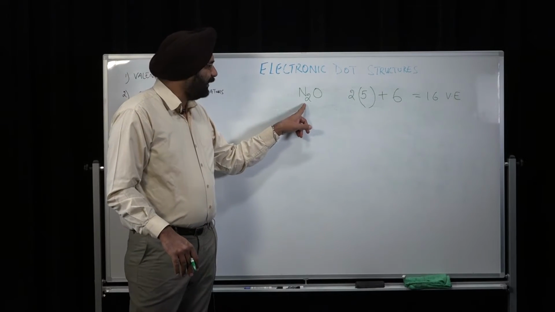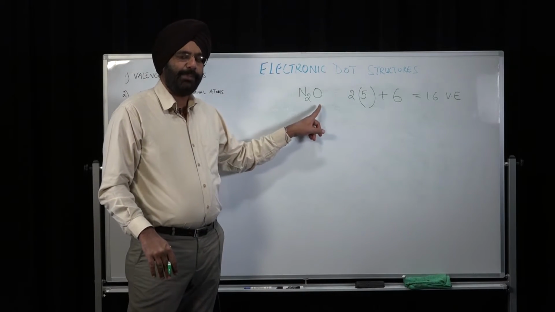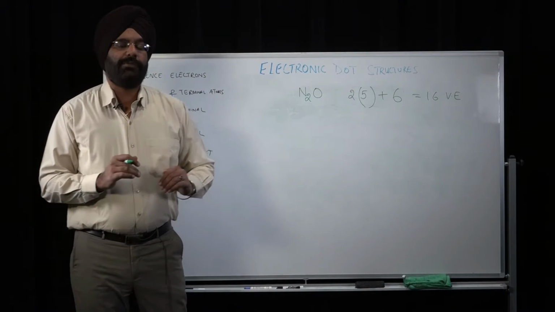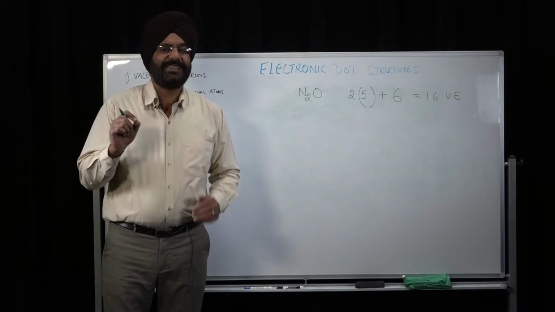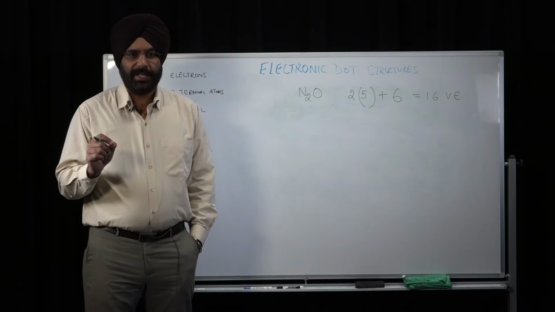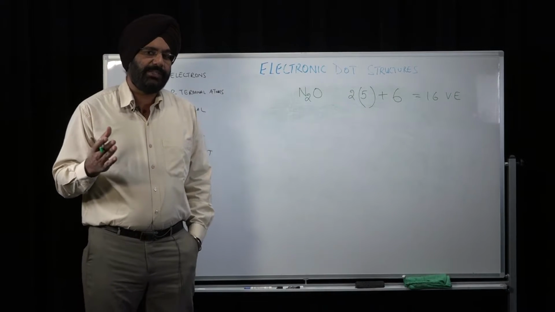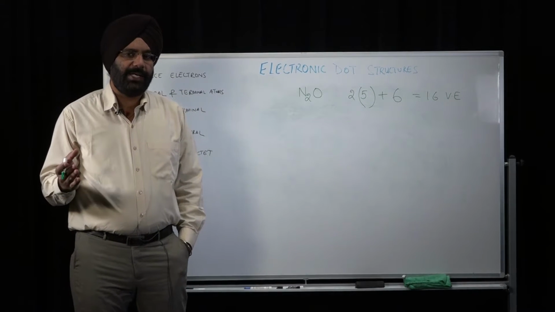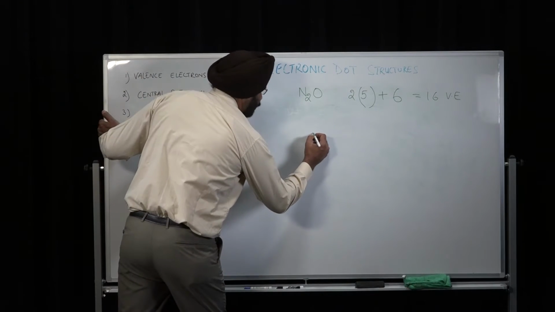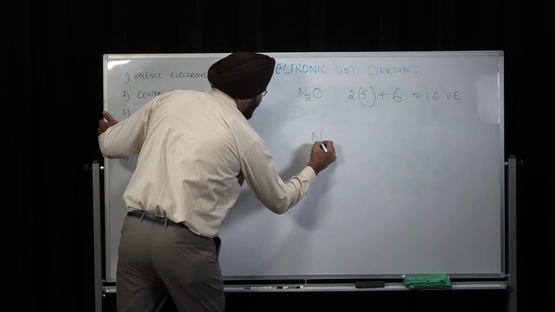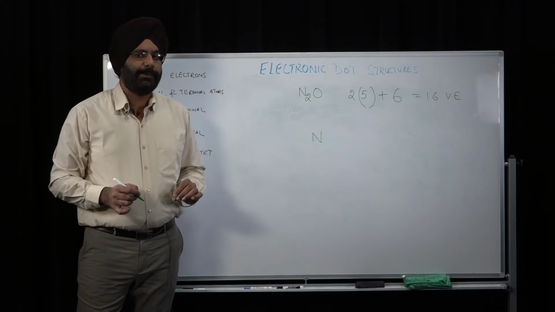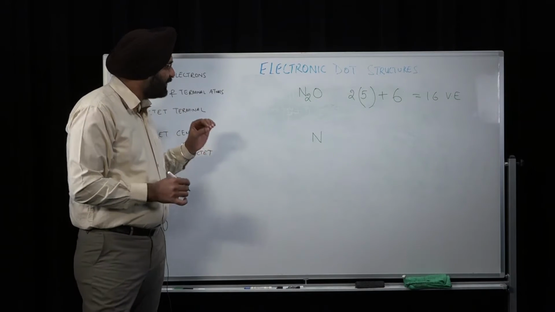So when I look into the electronegativity scale and look at the periodic table, nitrogen is to the left of oxygen. That means nitrogen is less electronegative than oxygen. And oxygen has an electronegativity on the scale of 3.5 and nitrogen is 3. In that case scenario, nitrogen is a central atom. I again repeat, because nitrogen is less electronegative, it is a central atom.